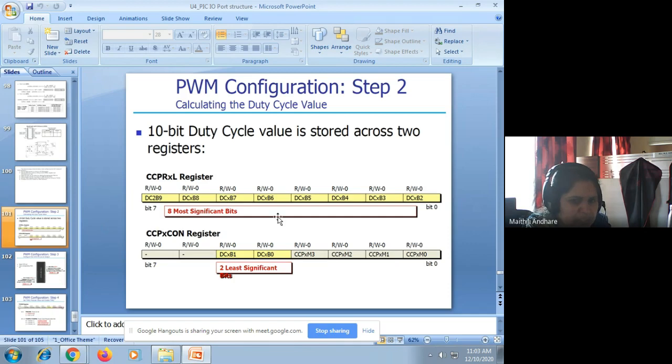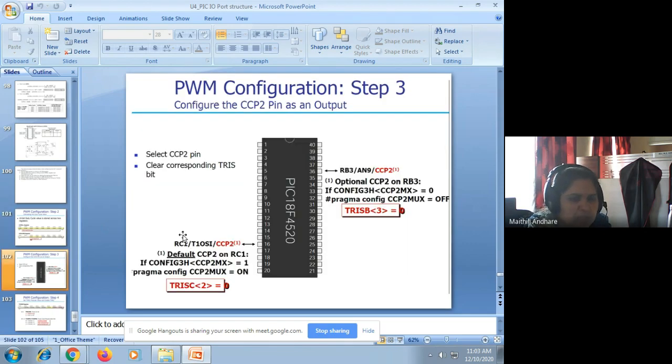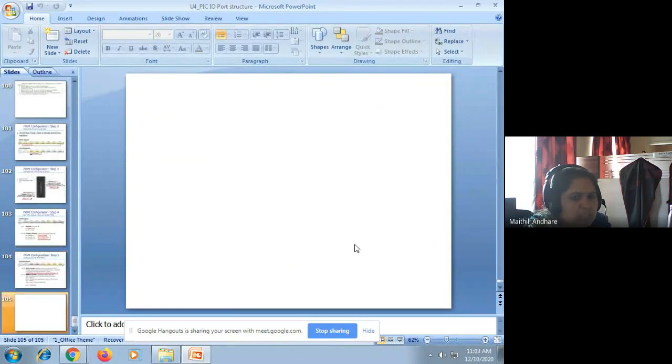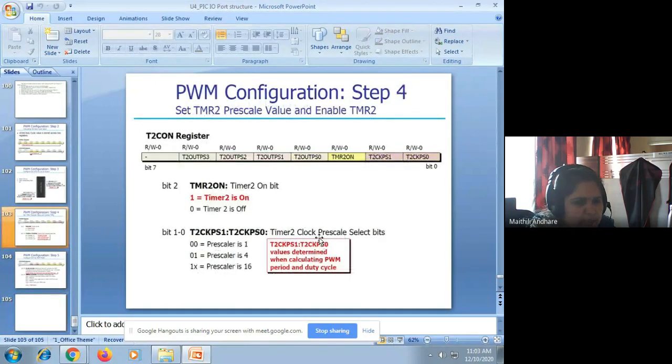So for that purpose the remaining bits are available. Here you have to perform one practical depending upon the PWM to change the speed of the motor. The calculation part we will see at the time of practical or at the time of program.